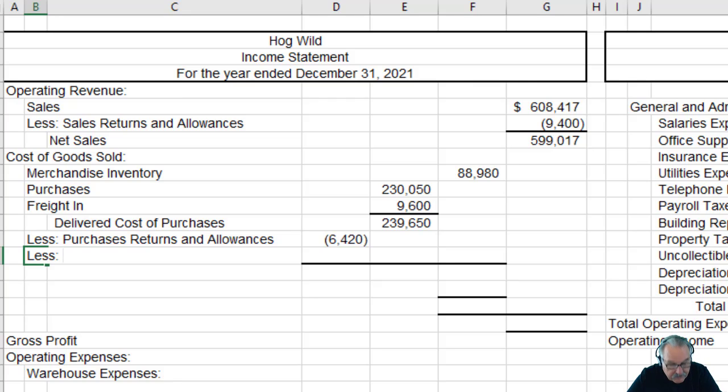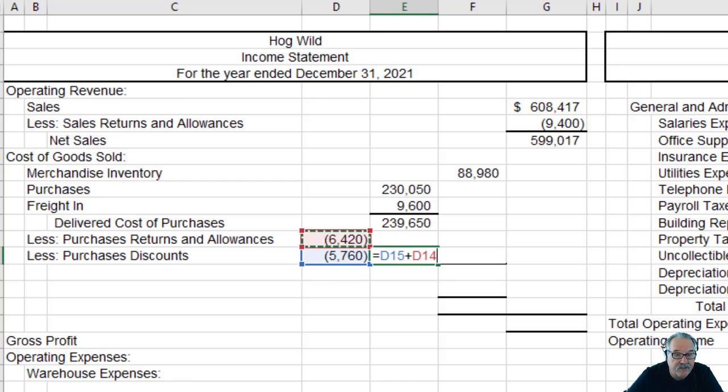That would be an allowance. But we also have some purchases discounts. As we learned back in our previous chapters, these are discounts we get when we pay early. So we've got a total of purchases returns and purchase discounts of $12,180.